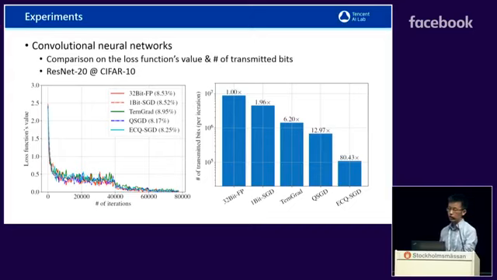We see that our ECQ-SGD method converges similarly to the vanilla SGD and arrives at a similar test performance. And on the right-hand side, we have the comparison of gradient compression ratios, and our method can achieve about 18 times compression in the gradient.